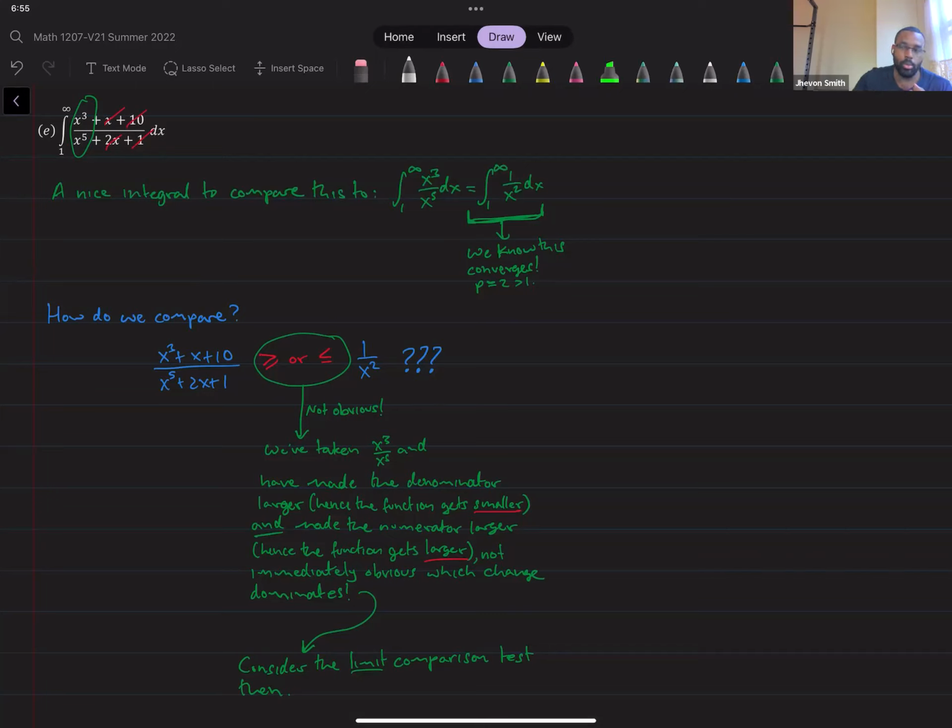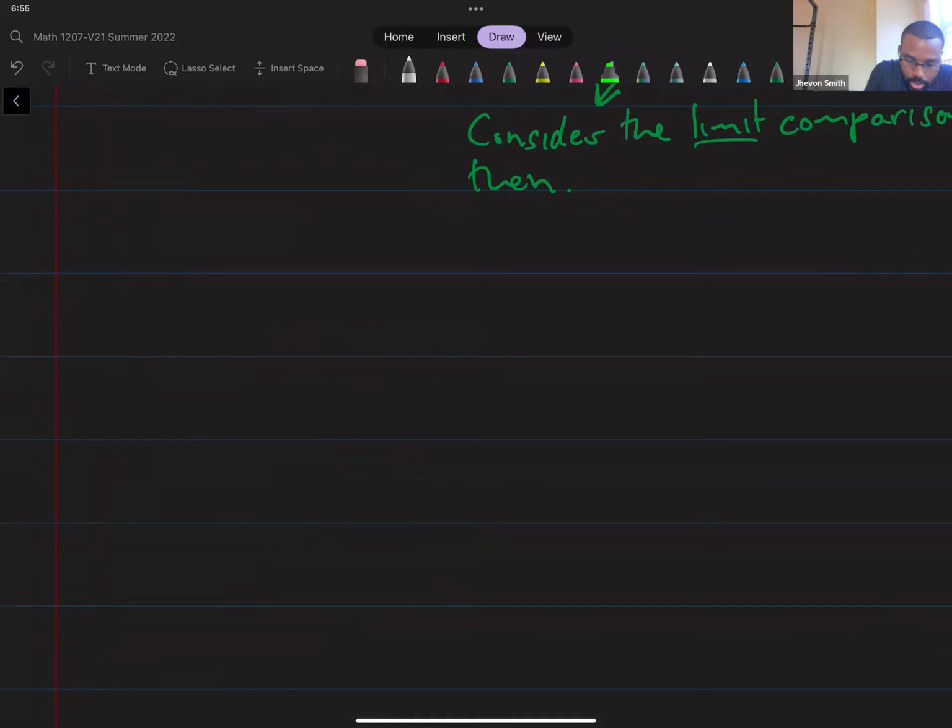And so I would say something like, set f of x equals, doesn't matter, the original was x plus 10. So yeah, it was x to the fifth plus 2x plus 1.